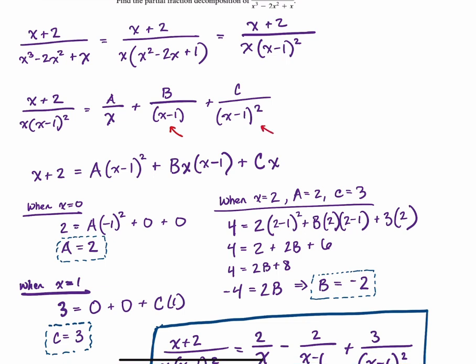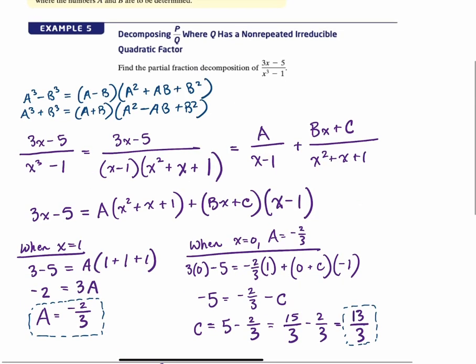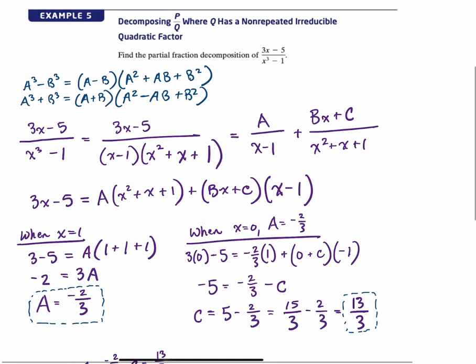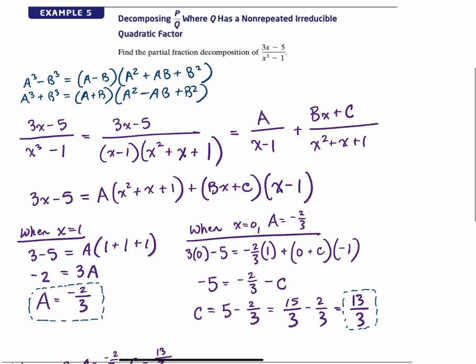You just build up to however many powers you have. And then for quadratic factors, we had to put this linear expression with two unknowns in the numerator instead of just a or b. And then the process from there to solve is the same. We just have to choose maybe some values of x or multiply everything out and compare the coefficients on the left side and the right side.